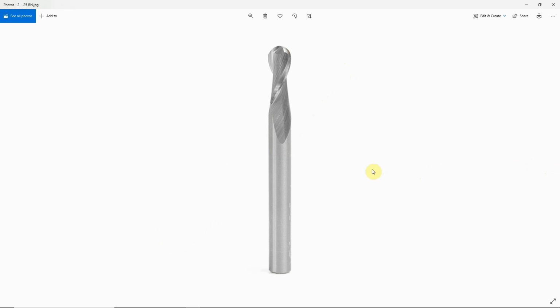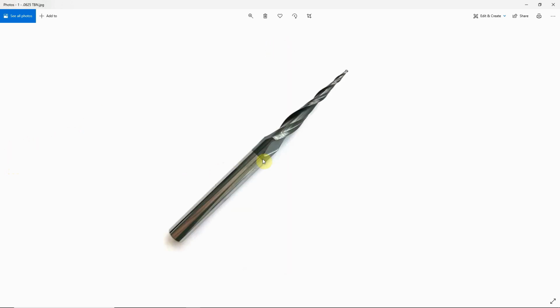Not to be confused with a standard ball nose bit. You'll notice this is basically a straight shank with the cutting flutes and a ball nose. The tapered ball nose has this angle that helps to machine away material, the edges of the material, before the tip of the ball nose gets to it.